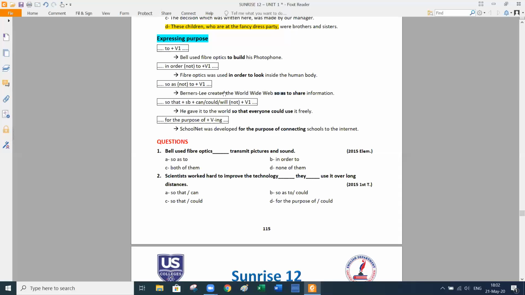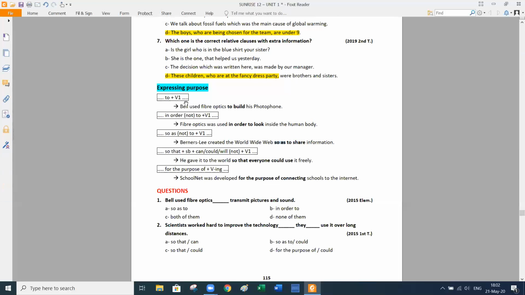You can also say in order to share information. Or you can simply say to share information. So the first, the second, and the third structures can interchange, but you should be careful whether the words are used correctly. In order to look, so as to share, and to build, for example.